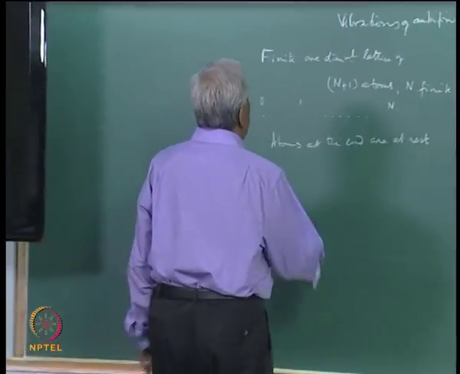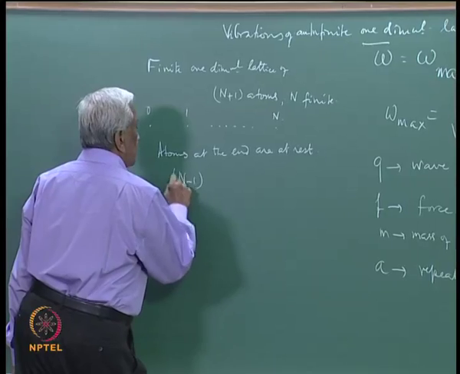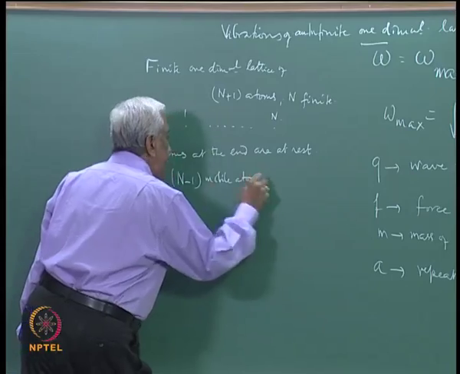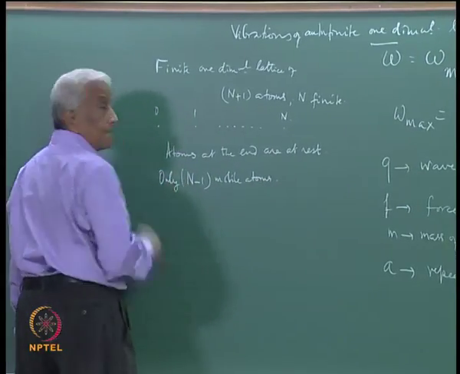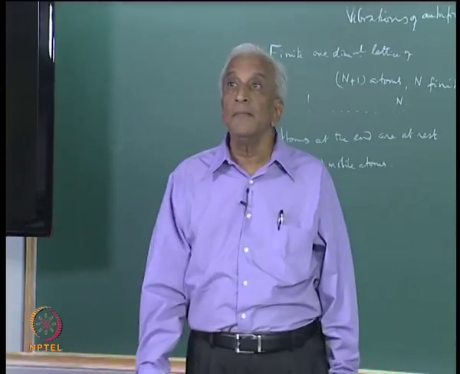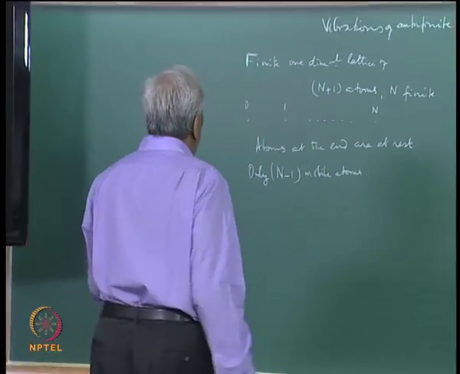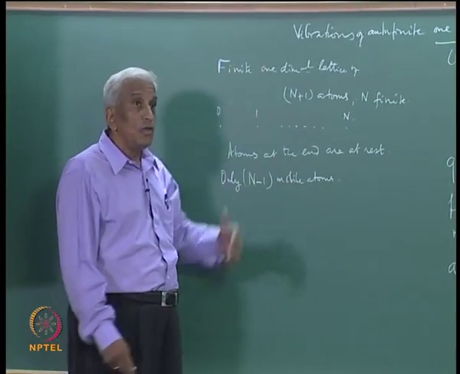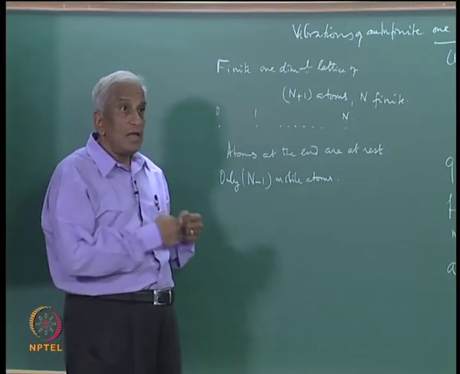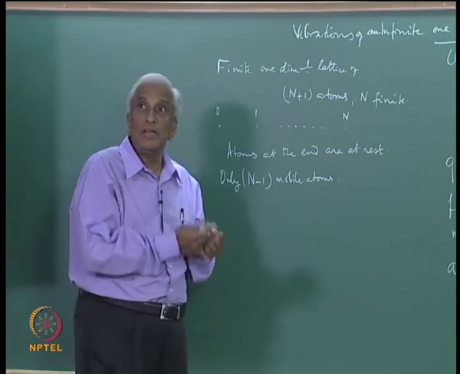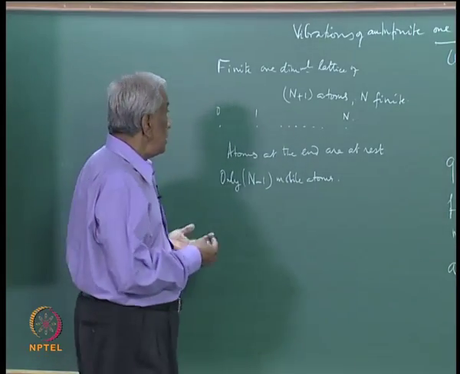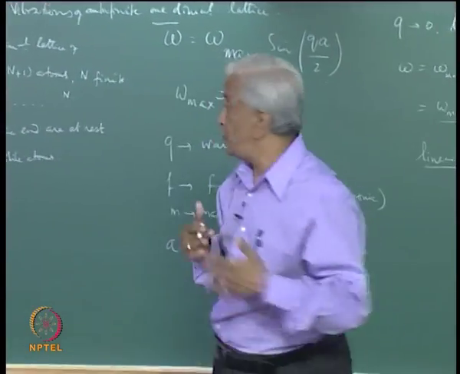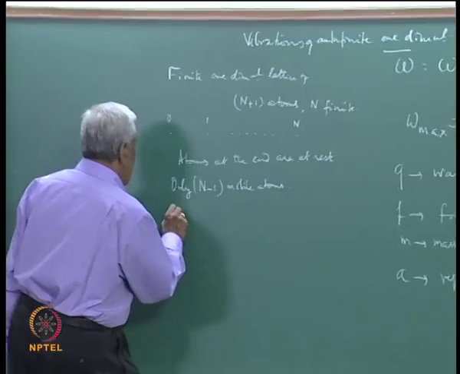So, there are only n minus 1 mobile atoms. Now, because this is a bounded chain which has boundaries at the ends, the solution is taken not as travelling waves, but as a superposition of two travelling waves.